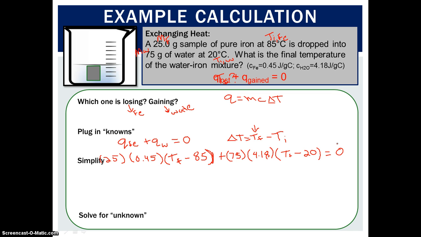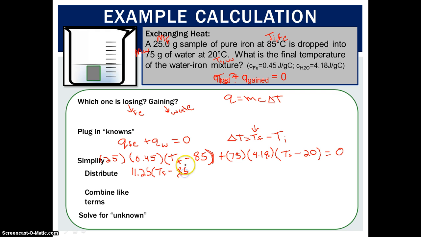So the first thing I'm going to do is distribute. So I'm going to simplify by multiplying these two things together. So 25 times 0.45 is 11.25. And then just keep everything else in parentheses. We'll worry about that in a minute.